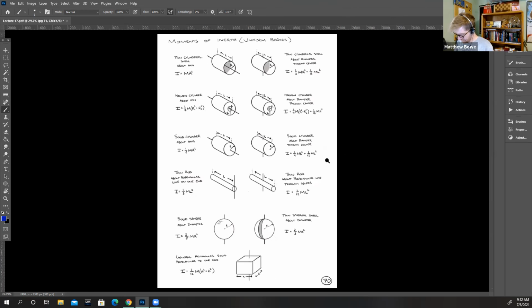Okay, I think I'll leave it here for now. The next little bit is torque. I don't want to add torque onto the end of this lecture, so I'll start out with torque tomorrow.